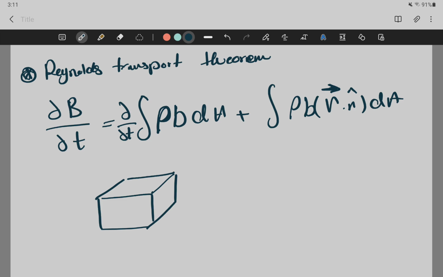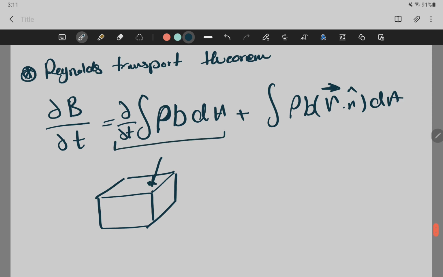Changes of a property inside the control volume is equal to the generation or destruction of that property inside this volume, and how much of that property has left or entered this control volume. Very simple. Does this make sense? The changes of something inside the control volume equal the generation or destruction of it, plus whatever has moved out or moved in through the boundaries.